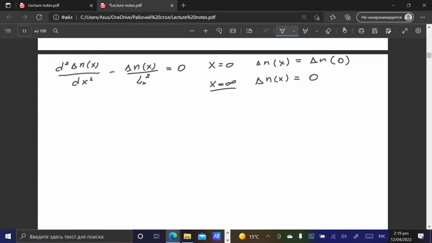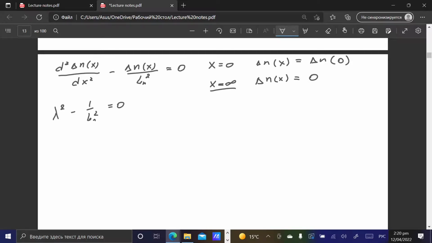This is a second order linear differential equation. The way we solve it is to set up the so-called characteristic equation. The characteristic equation for this will be lambda squared minus 1 over Ln squared, equal to 0.